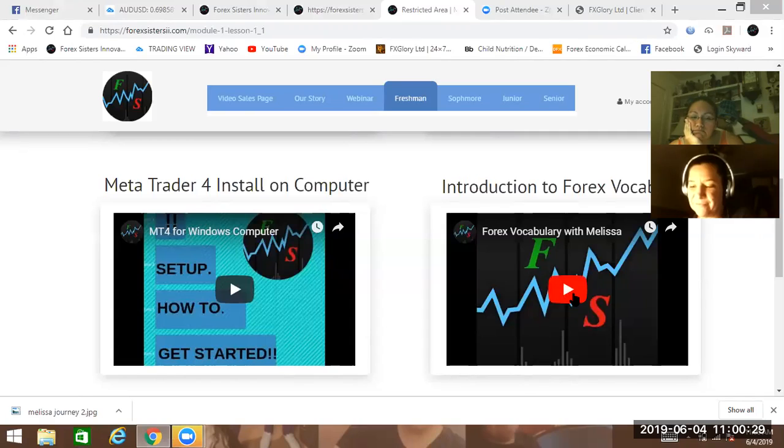Like you said, the mobile app is great if you're on the go and checking your trades, wanting to know what's going on. But I think the computer version is good if you can watch at home, because it's on a bigger screen and you can see what's going on much better, instead of on a tiny screen.